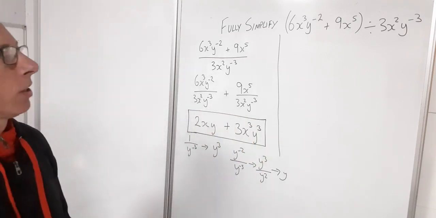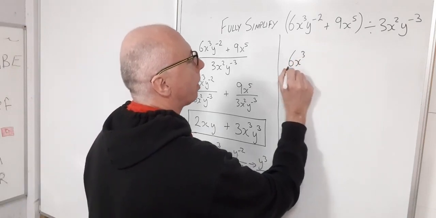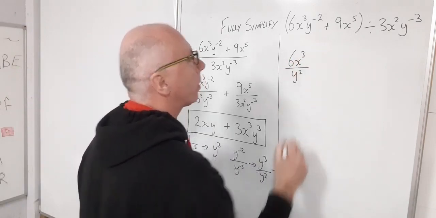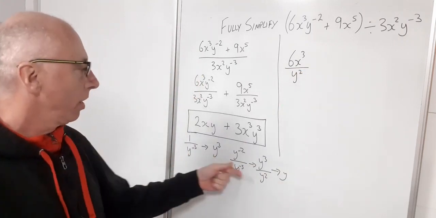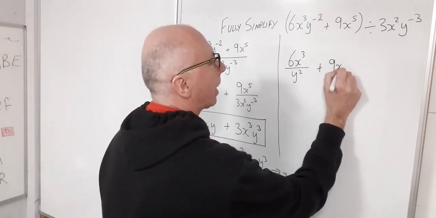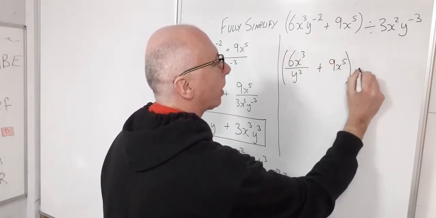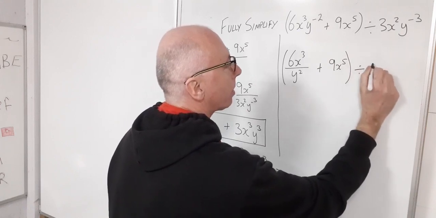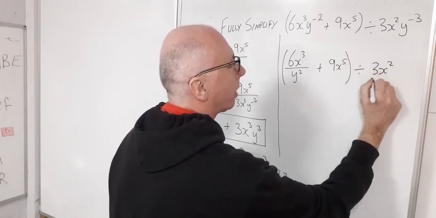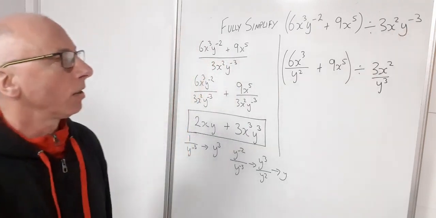Now the other way I can do this is I could do 6x cubed over y squared using that indice law that I showed you here, and then plus 9x to the 5. And then I can divide that by this term here, 3x squared over y cubed, again using that indice law.